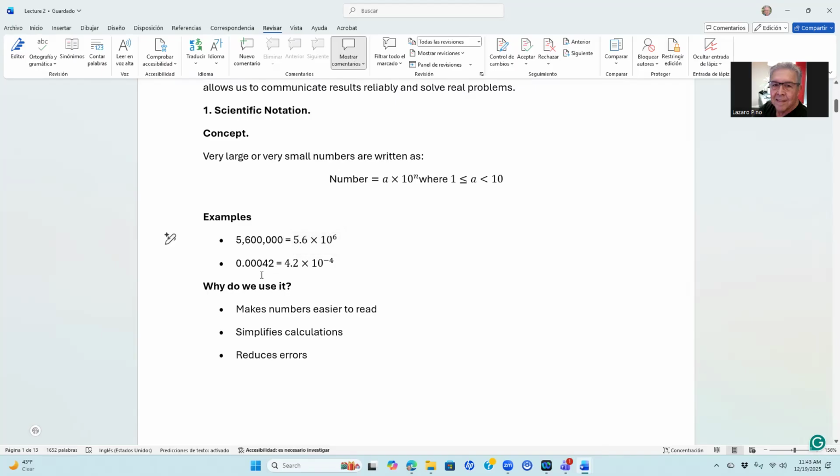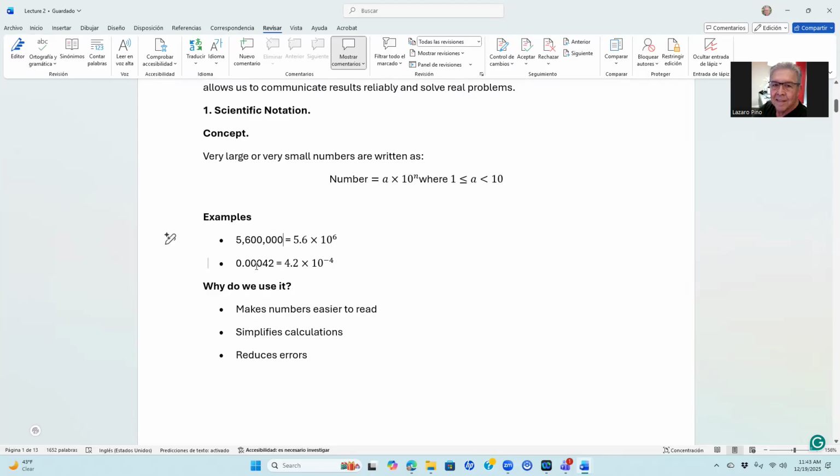This number is a small number, so you move the decimal point to the right. In the other one it was to the left, but here it is to the right.